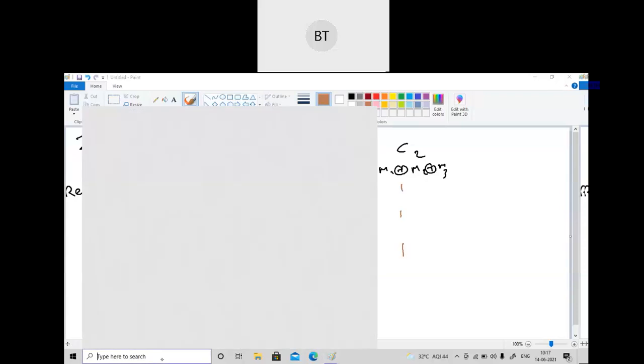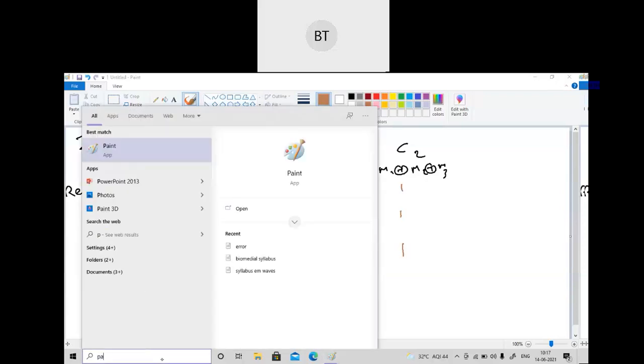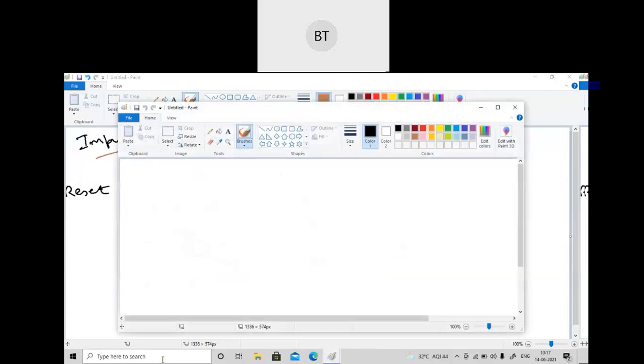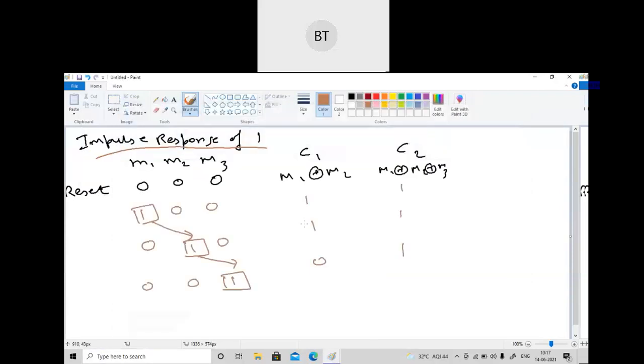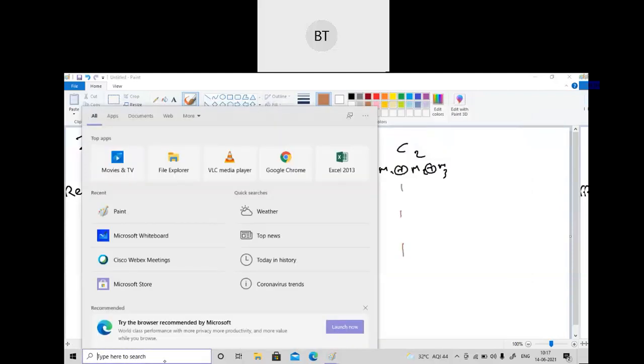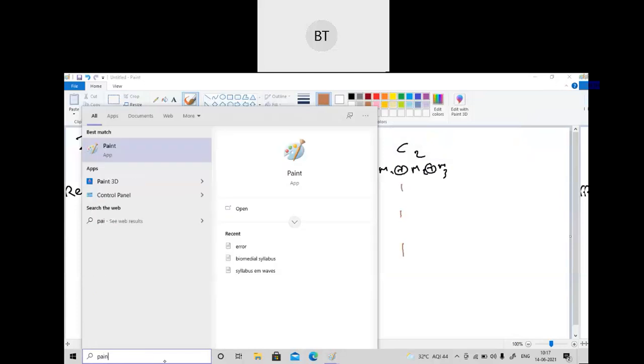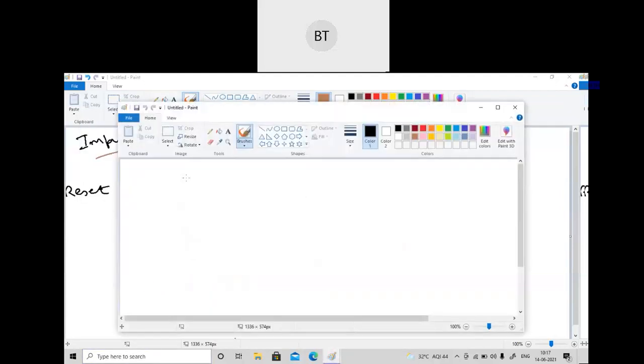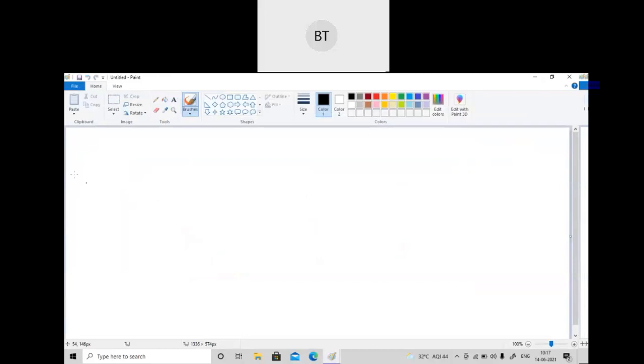So how to proceed for 0? I think Komal has got the answer, so we will match it later. So now we will find the impulse response of 0. So how to proceed for this?